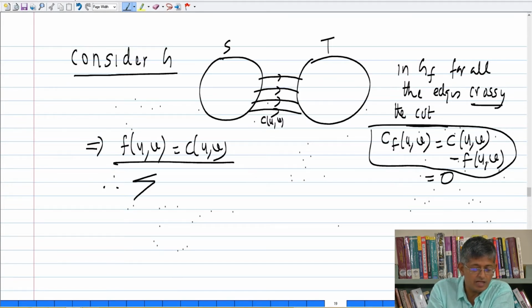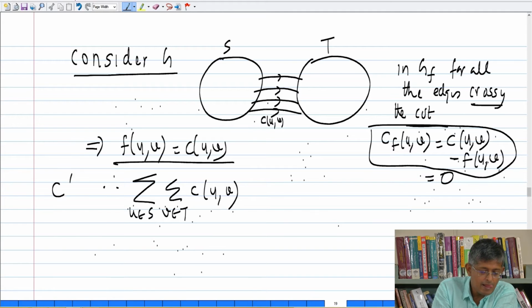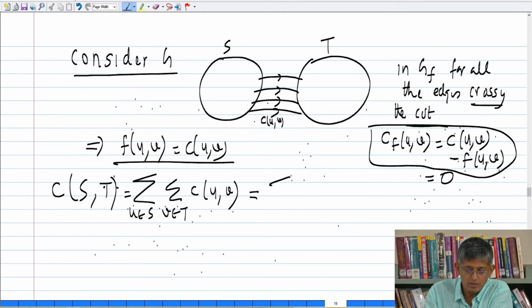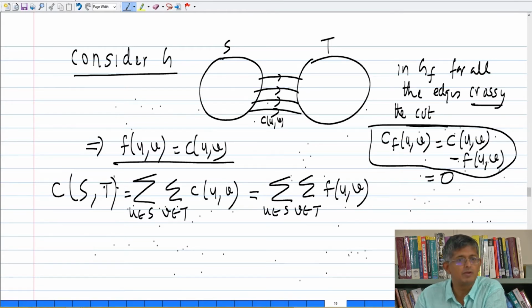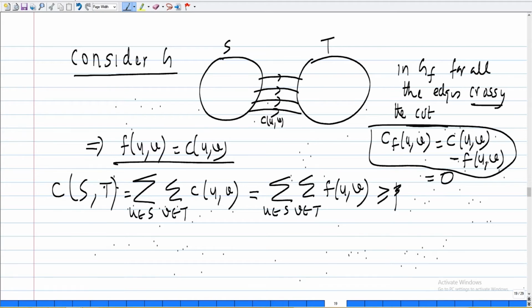Therefore, the capacity of the cut is equal to the sum of f of u comma v, which is greater than or equal to, well, I should not get lazy.